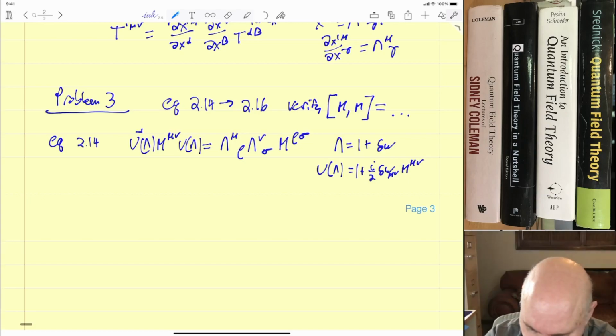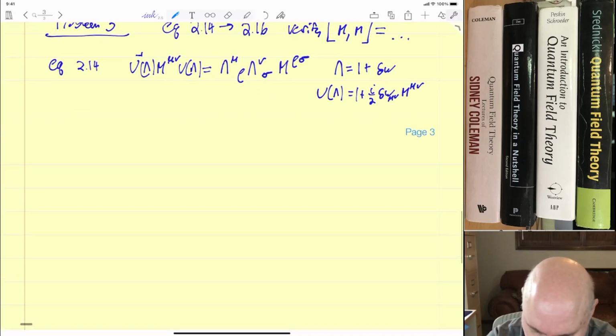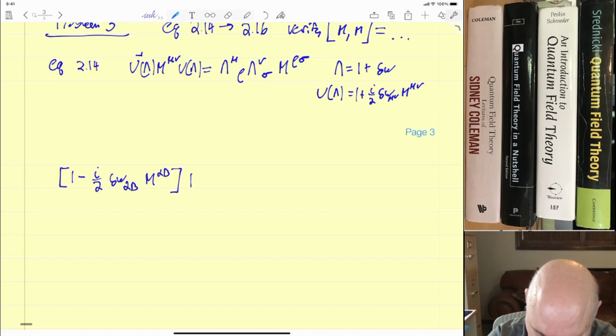So we just have to substitute in this equation. I'm going to write 1 minus i over 2 delta omega alpha beta M alpha beta, I'll explain the minus sign in a second, times M mu nu, times 1 plus i over 2 delta omega gamma delta M gamma delta.